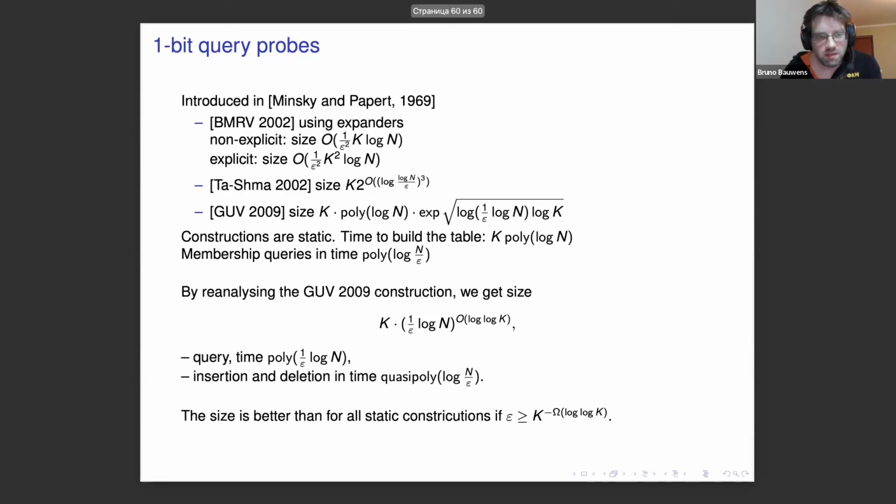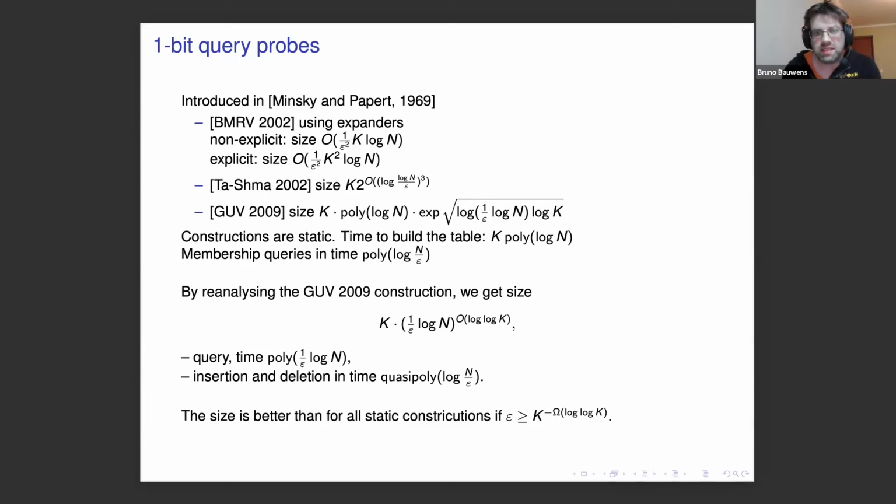Here at the bottom, you see our result. We get the size k times 2 to the power order... We have better size provided epsilon is at least k to the power minus big O of log k.